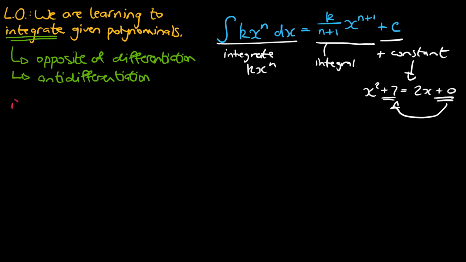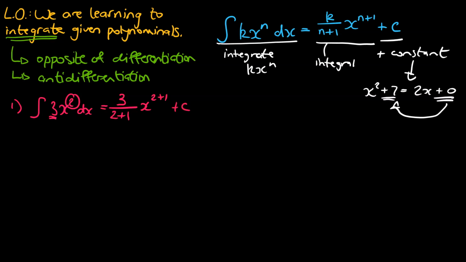So question 1: integrate 3x squared dx. Let's have a look at our formula above. k is the coefficient out front, so that's 3. n plus 1 is the power plus 1, so 3 is going to be divided by 2 plus 1. Then we go x to the power of n plus 1, so that's 2 plus 1 again, and we add c.